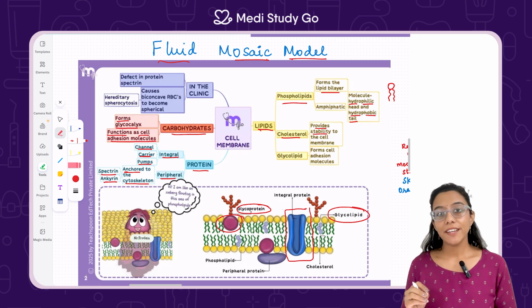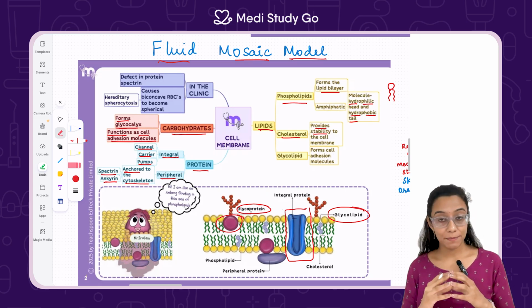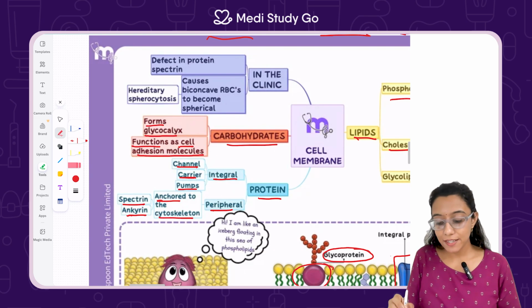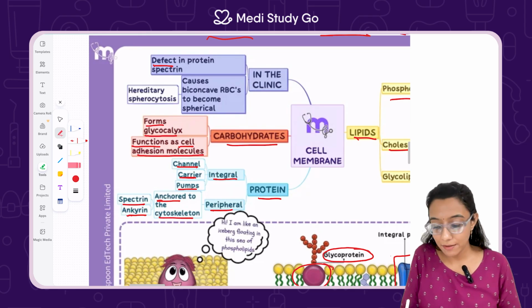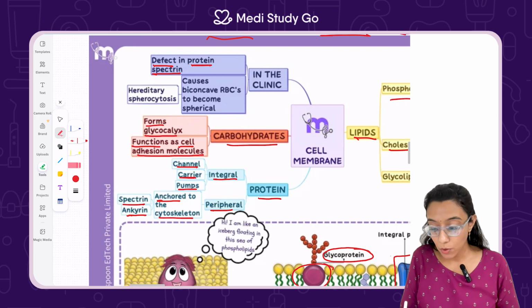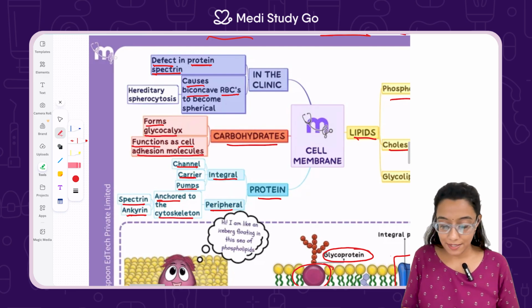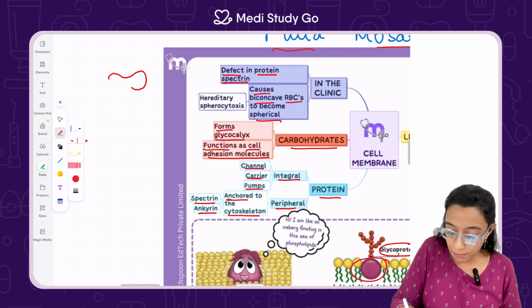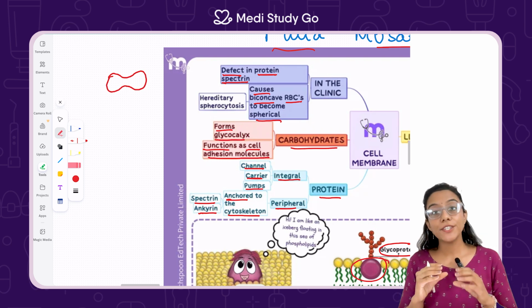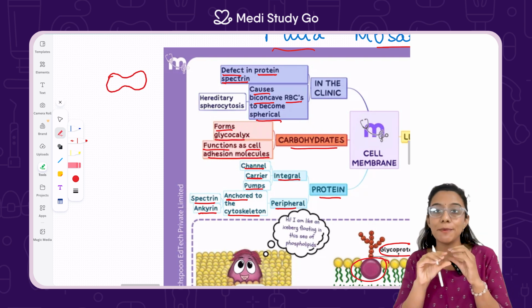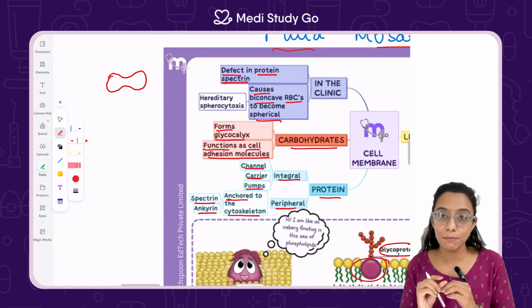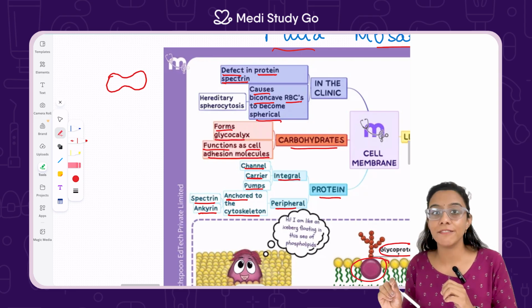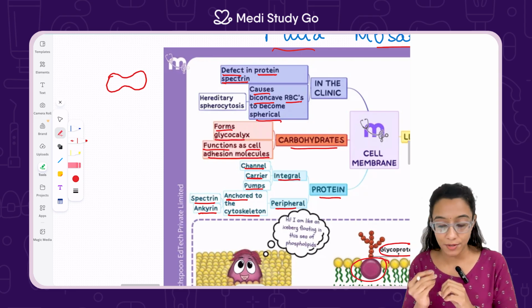Now the cell membrane gives our cells the perfect shape that they need to be in, and if there is any defect in the cell membrane, such as a defect in the peripheral protein spectrin, it causes the biconcave RBCs to become spherical, right? The normal shape of the RBC is biconcave, which helps the RBC fold and pass through minute capillaries and blood vessels to reach each and every cell in the body to provide nutrients and oxygen.